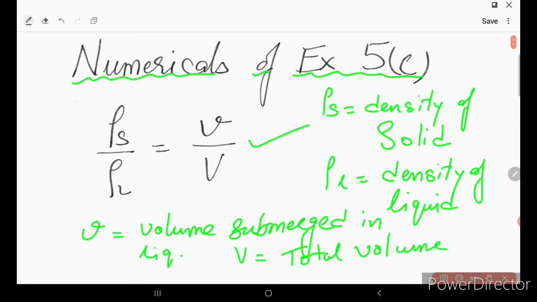So we need only this formula from this section, but we should know the formulas of upthrust and densities, etc., which you have used in exercise 5a and 5b also. So let us go to the question first.